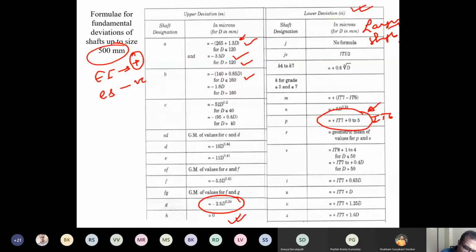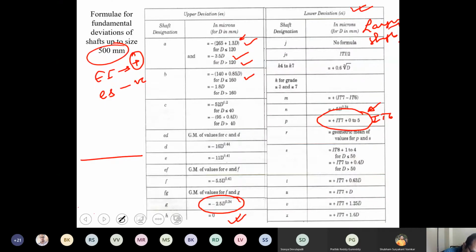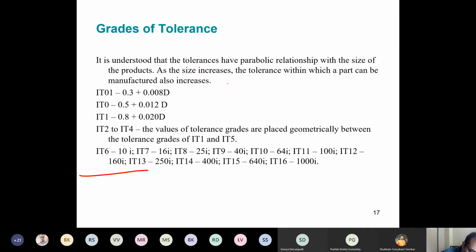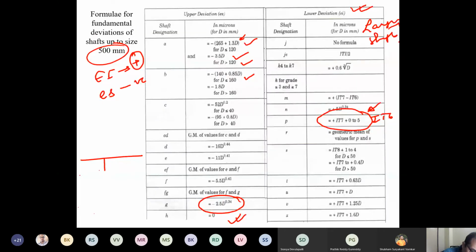So F is basically the shaft, the zero line will be here, and it is minus 5.5. So this will be my upper deviation. The upper deviation of the tolerance band, if you go ahead and look at it, will be minus 5.5D raised to 0.41.